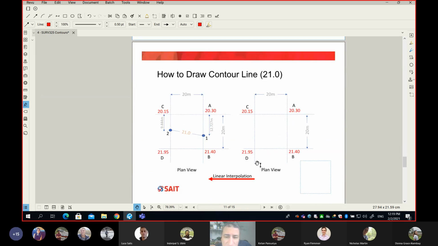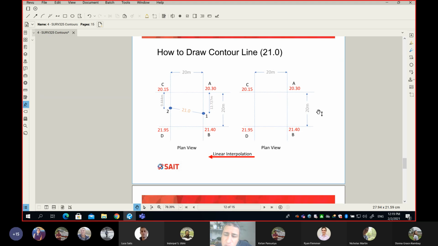Now, my intention for this part is to show you how we generate contour lines manually. In general, we have so many points. When we do a survey, maybe we have 100 points, 200 points, 1,000 points.